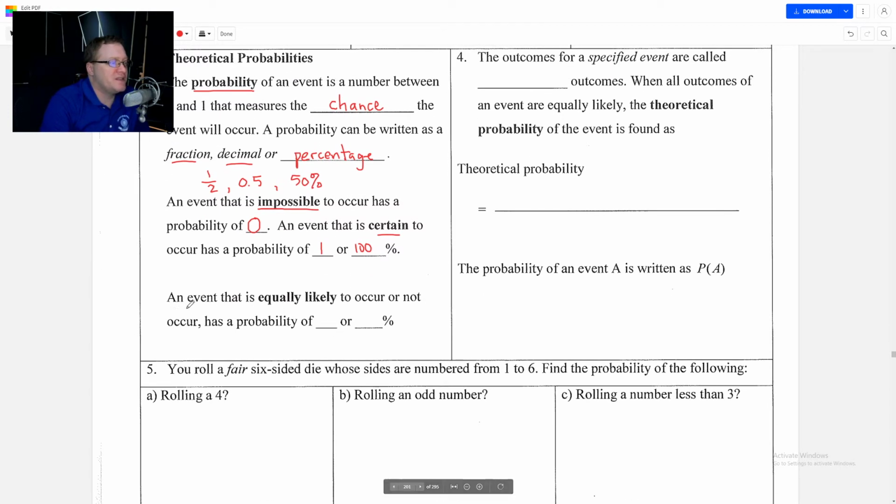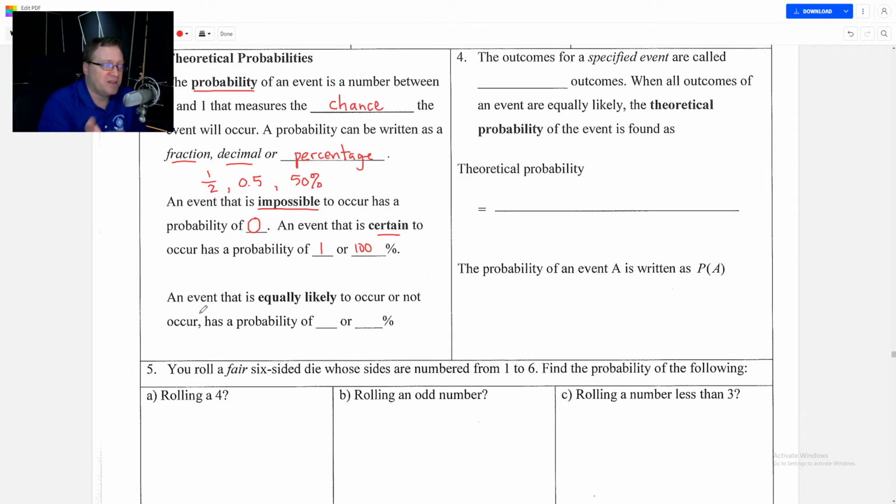Now, an event that is equally likely to occur or not occur, for example, if I am flipping a coin, the probability that I get a heads, and now we're talking about a normal coin with heads and tails. The probability that I get heads is the same as the probability that I will get not heads, which is tails.